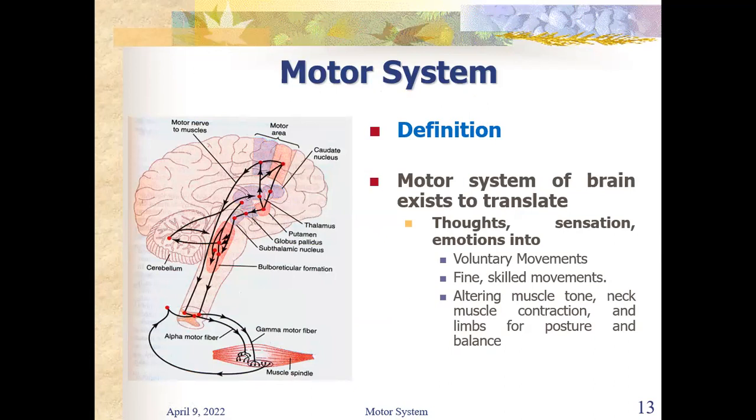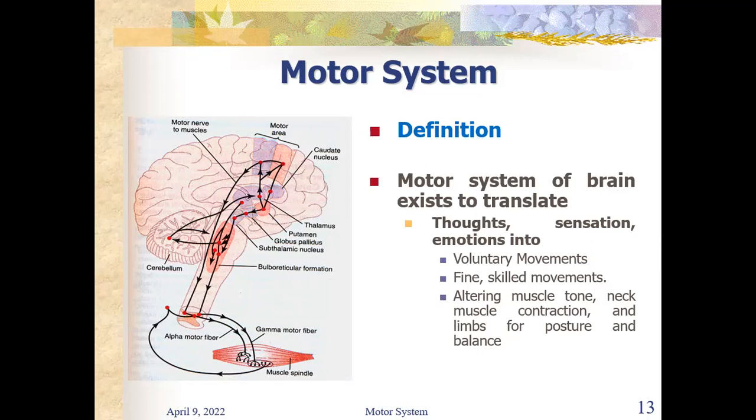Those are the functions of the motor system: voluntary movement, fine skilled movements, altering muscle tone, controlling muscles and movement of the upper limb and the neck, and controlling limb posture, body posture, and balance.